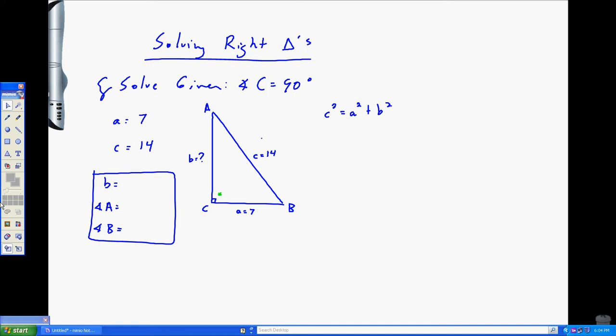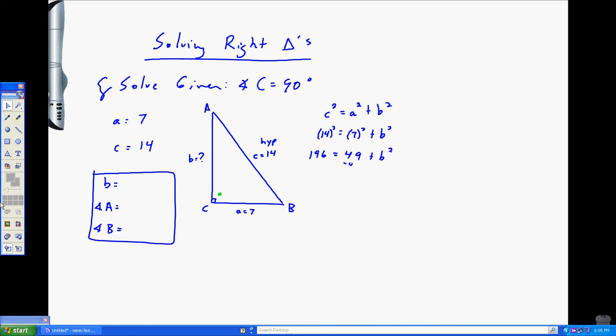So if I look at my triangle, the hypotenuse is always across from the right angle. So I'm going to plug C in. That's 14 squared equals 7 squared plus B squared. Okay, when we go and simplify this, 196 equals 49 plus B squared.